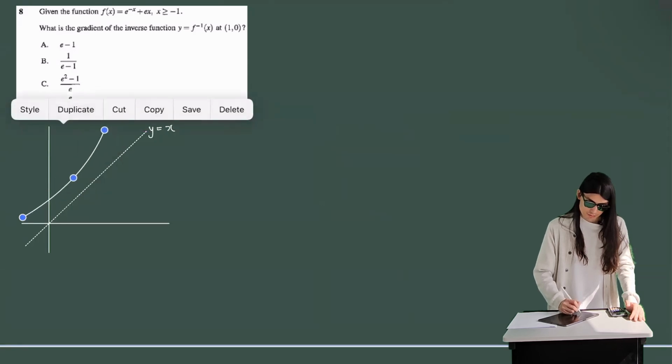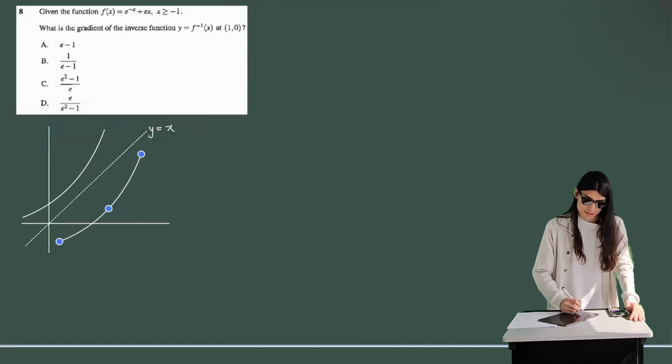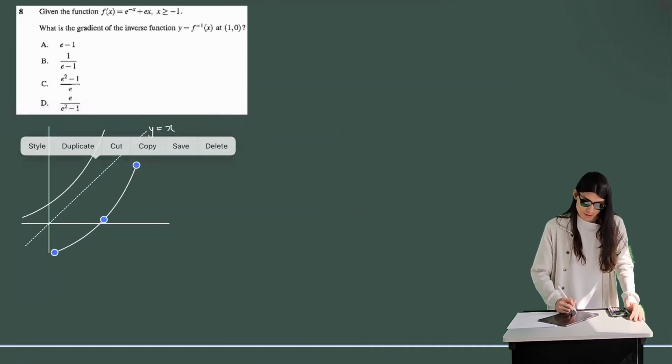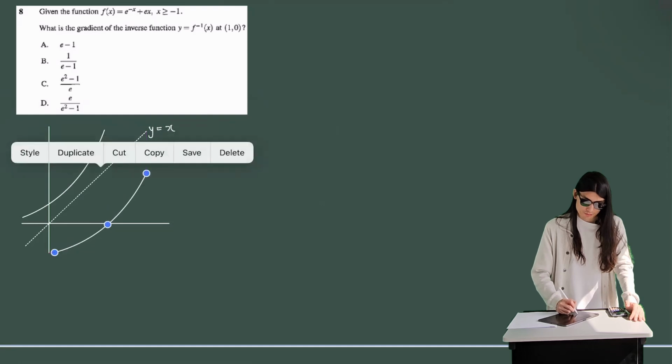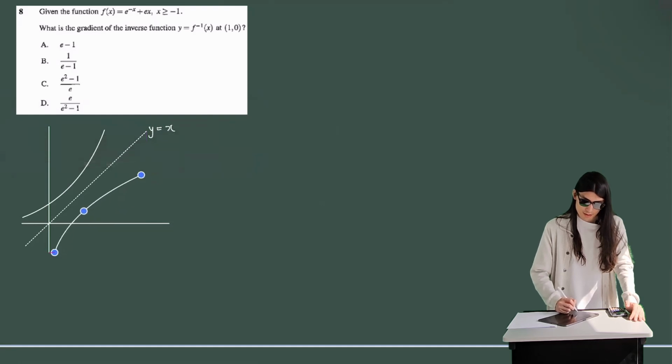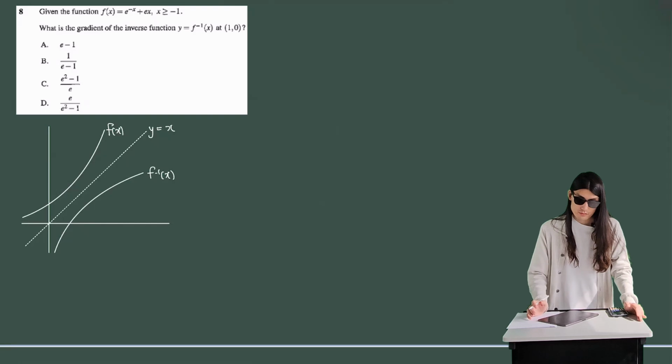actually, not the best example. This is probably the better example. If you have the graph of f of x like this, then the inverse function, which is symmetrical about the line y is equal to x, looks something like this, doesn't it? If that's f of x, then that's the inverse function graph.